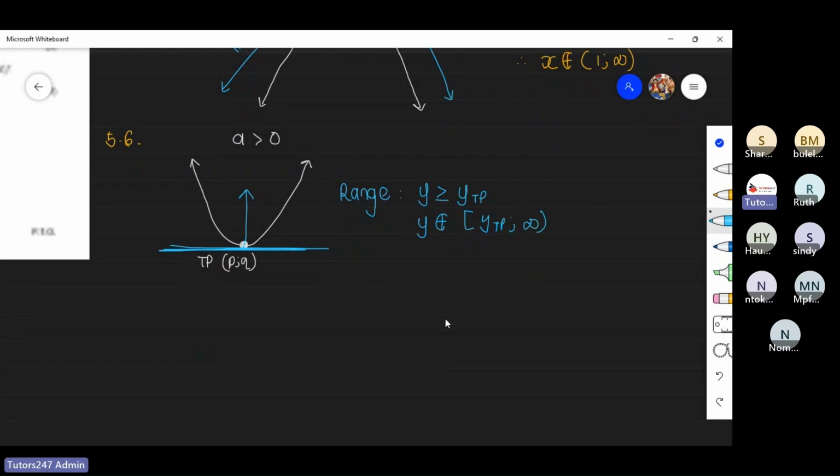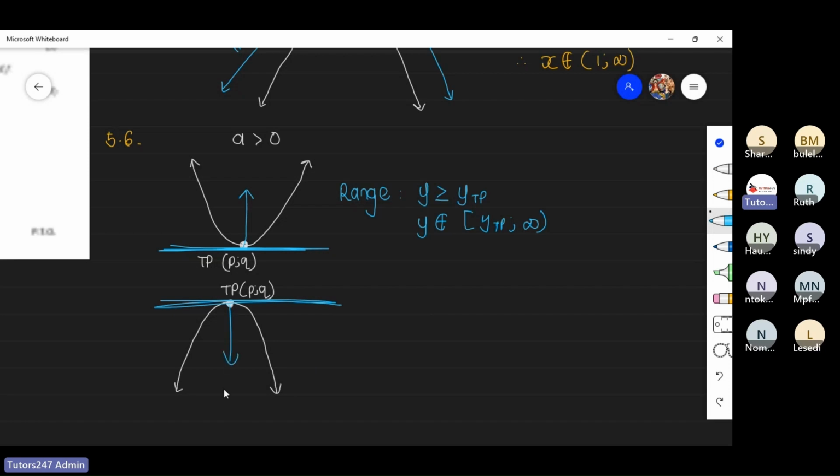So that is how you would determine the range of an a greater than 0 function. Now, if your function is a less than 0, as is the case with the one we are dealing with, you're going to do it slightly differently. If this is your turning point, TP, which has coordinates P and Q, your range is going to start from the highest point and go downwards, because your graph doesn't exist above the point TP.